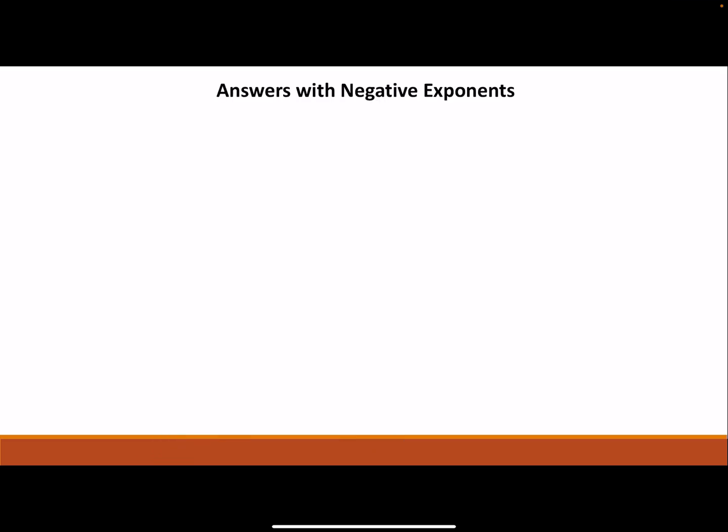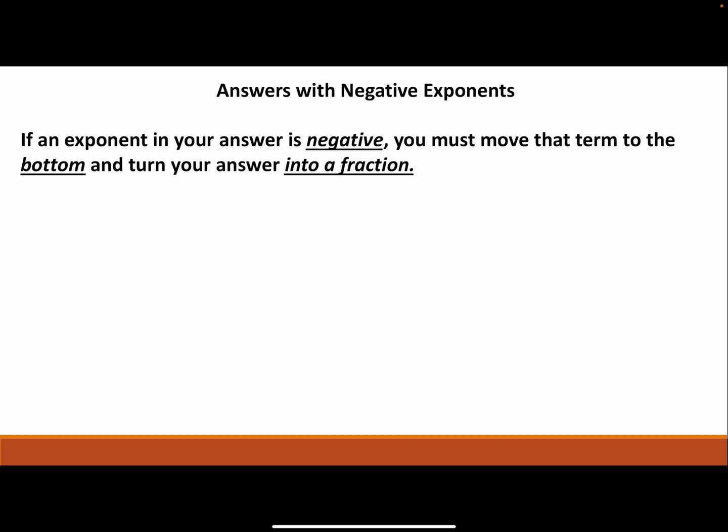Okay, answers with negative exponents. If an exponent in your answer is negative, you must move that term to the bottom and turn your answer into a fraction. Now, with that being said, if you have a negative exponent in the bottom of your fraction already, then you're just simply going to move that to the top of the fraction to turn it into a positive.